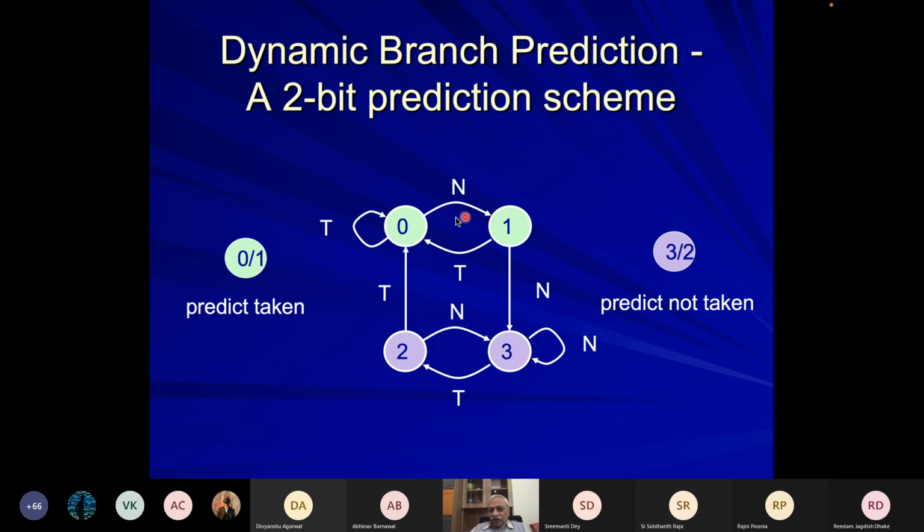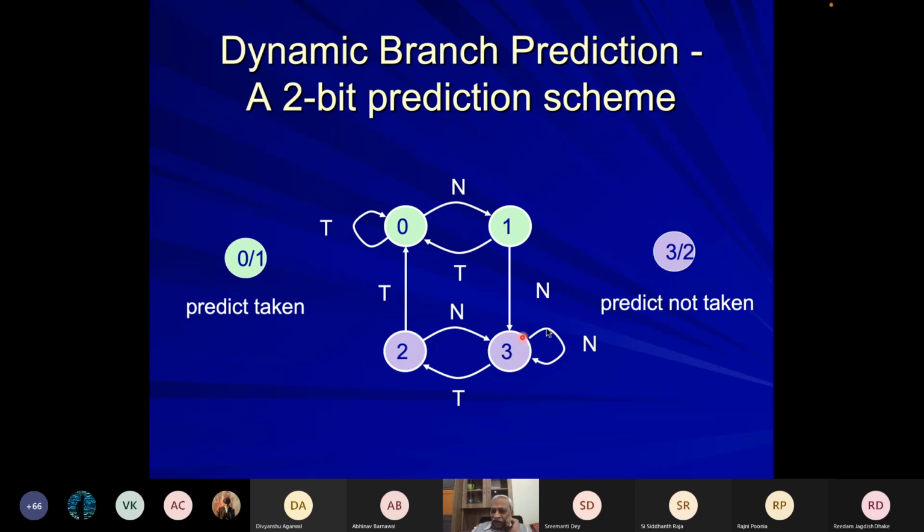If you have 2 wrong predictions, then you go to a different state. If after 1 misprediction you have a correct prediction, you come back to this. But if you have 2 mispredictions in a row, then you come to this state and start predicting that branch will not be taken. So T represents branch taken, N represents branch not taken.